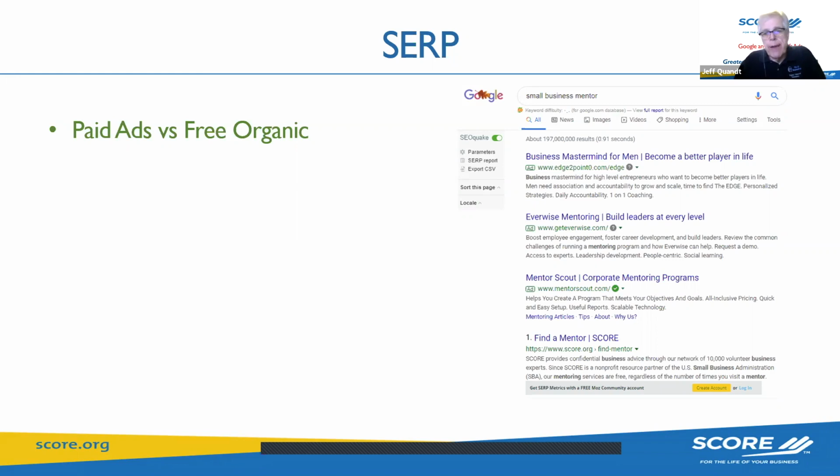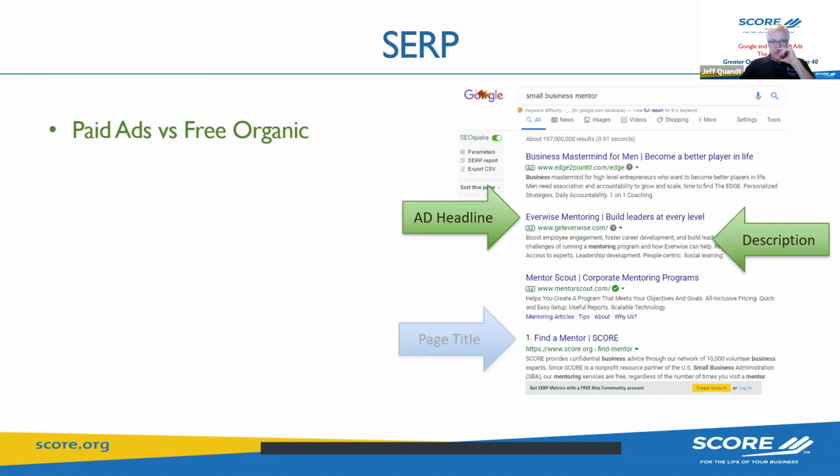Okay, so what ratio do you think that these items are clicked upon? If somebody looks at an ad, how many times is that clicked upon versus the organic results? I'd actually wait for people to tell me that. So you have an ad headline and the description, and like I said, page title and the meta description.